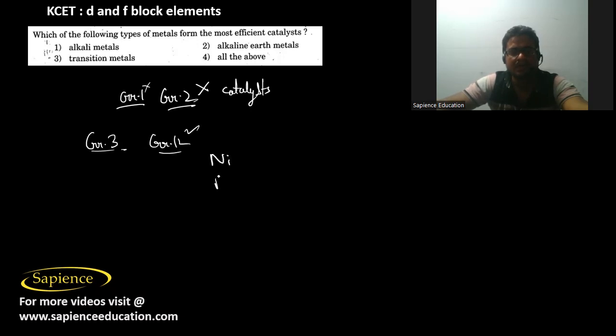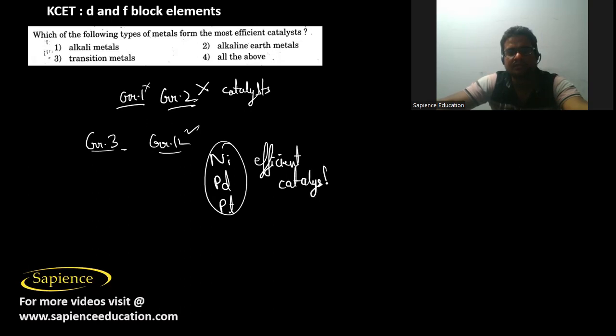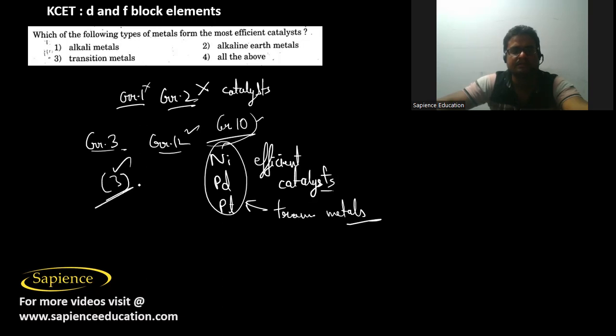Nickel, palladium, platinum can form efficient catalysts. Nickel is in group number 10, so they all are transition metals. So option 3 is the correct answer.